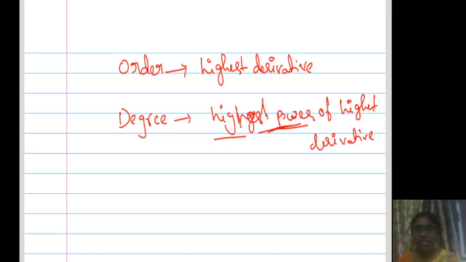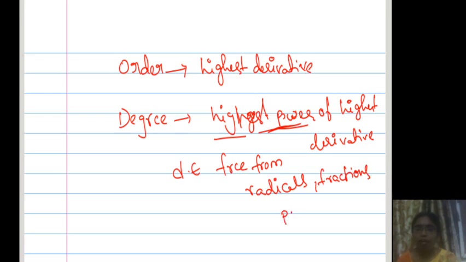You have to see that the differential equation should be free from radicals and fractions, and it should be a polynomial of derivatives. For order there is no need to check all those things; you only check them while finding the degree of the differential equation.